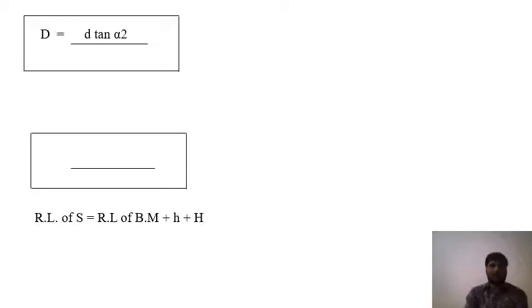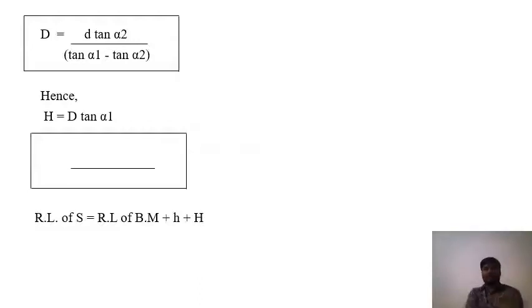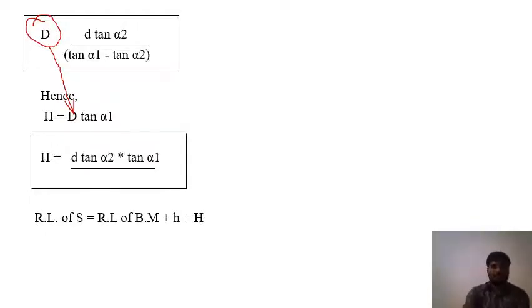Now this is the equation we get from the simplification. Hence S is equal to, as we have seen before, D tan alpha 1. Now we have got the value of D, so put this value over here. So what we are going to get is this.